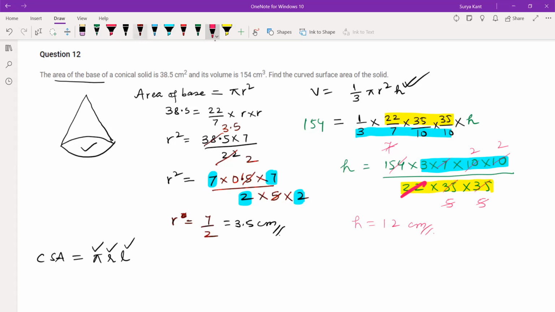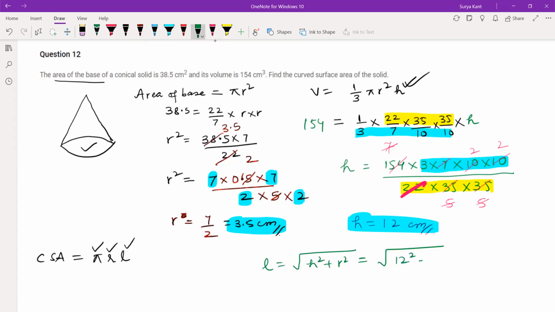So if you know R and H, we can find l now. So l is equal to root over h square plus r square. The h square is 12 square plus 3.5 square. So root over 144 plus 12.25. So 156.25 we will get.